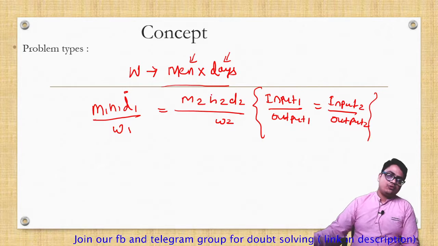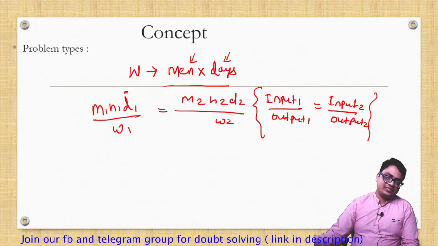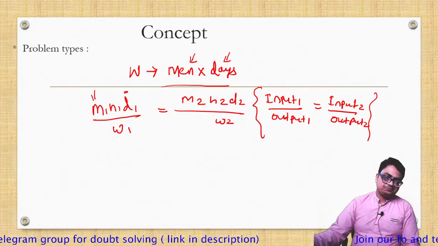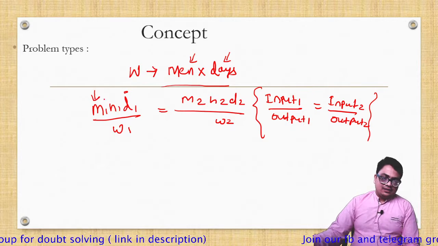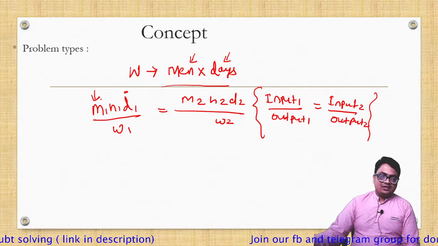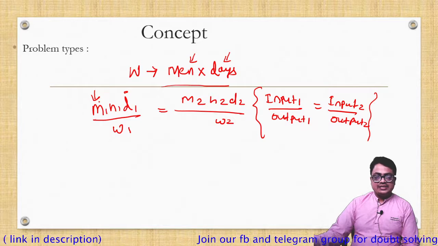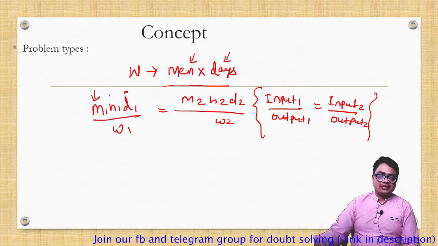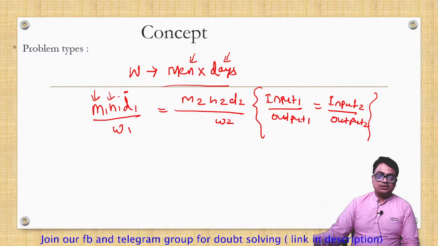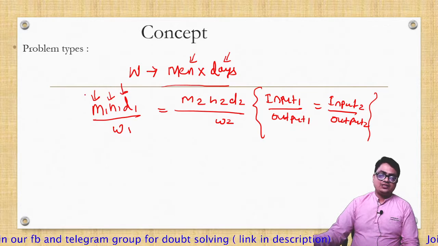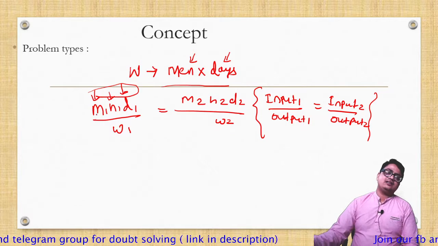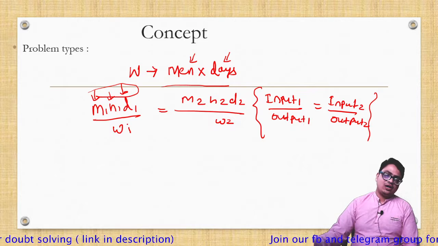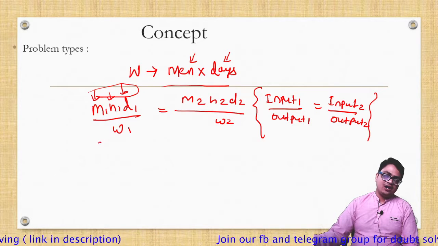How do you remember which is input and which is output? The man is putting in effort, which means he is giving input. The man working for hours is also an input. The man working for days, all these entities are considered inputs, and finally we get an output, the work getting done.